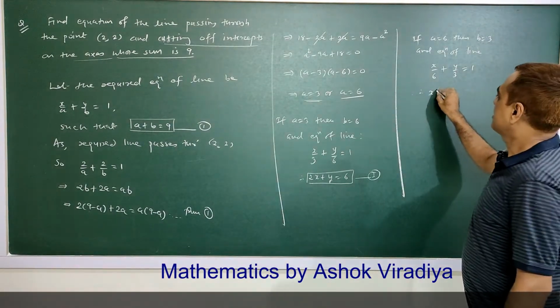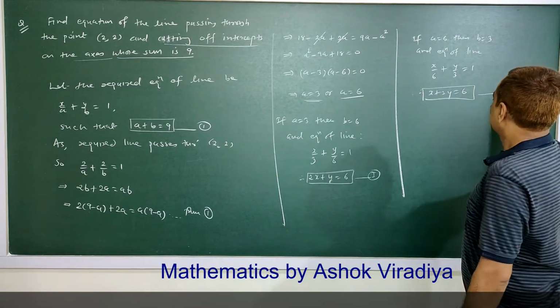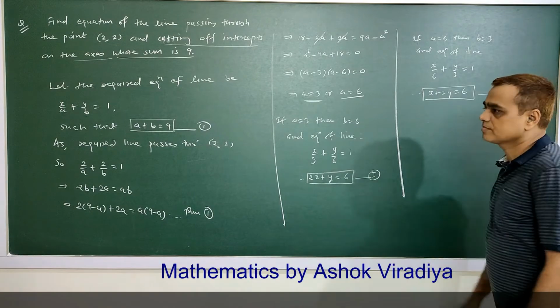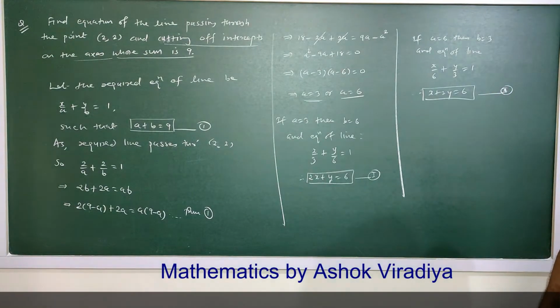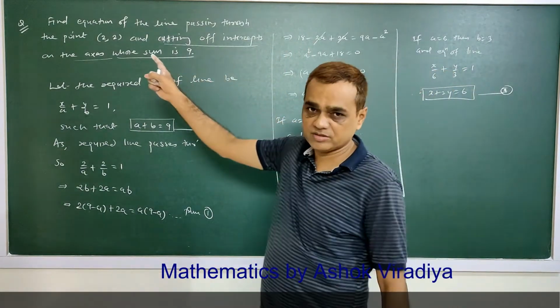Therefore x plus 2y is 6. So that is the second solution. So here there are two such lines satisfying this condition.